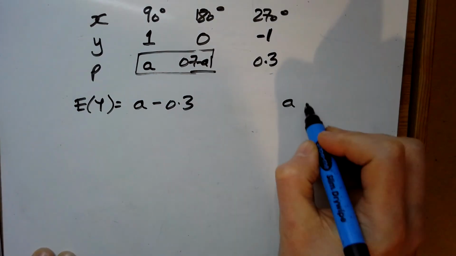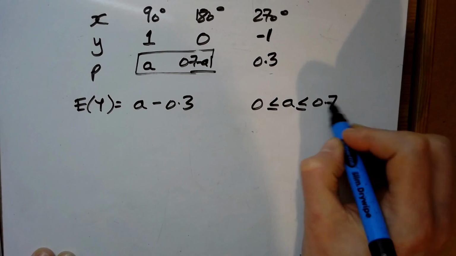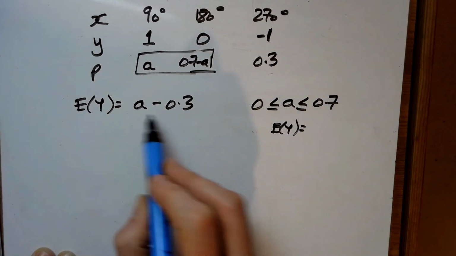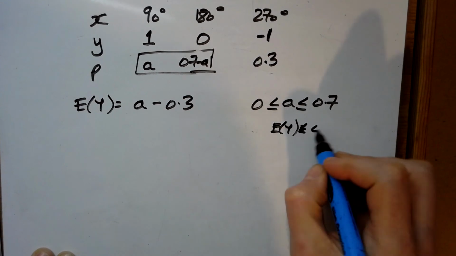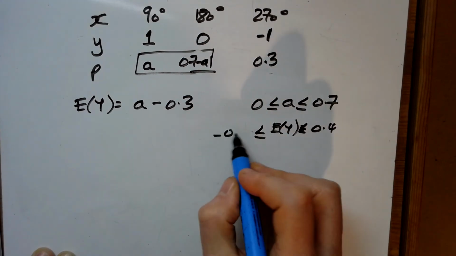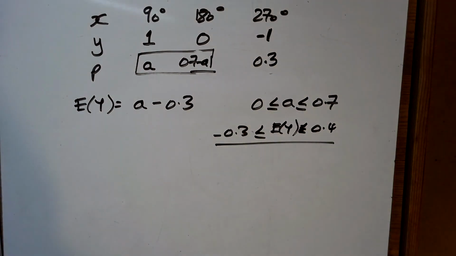Now the value of a must be somewhere between 0 and 0.7, and so the expected value of y is 0.7 take away 0.3, and 0 minus 0.3. So same answers as I had before. Maybe that's a smarter, more mathematical way of doing it.